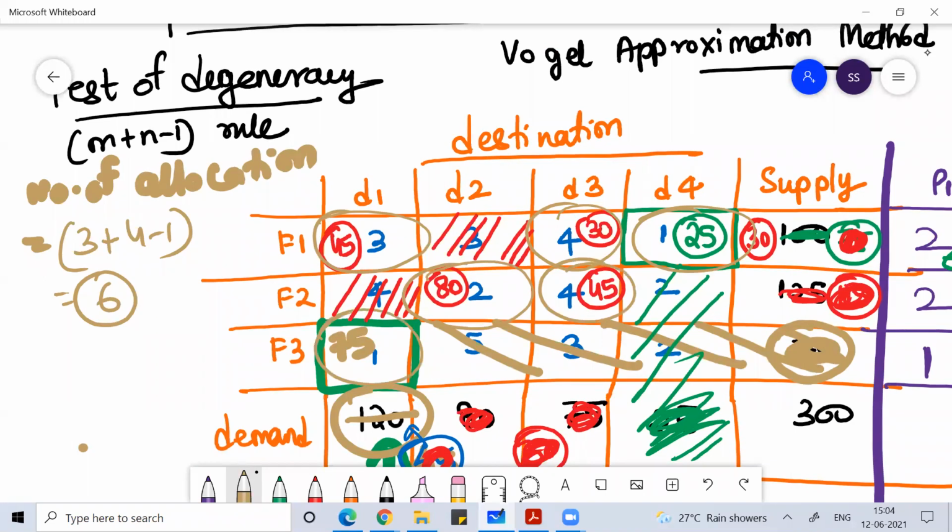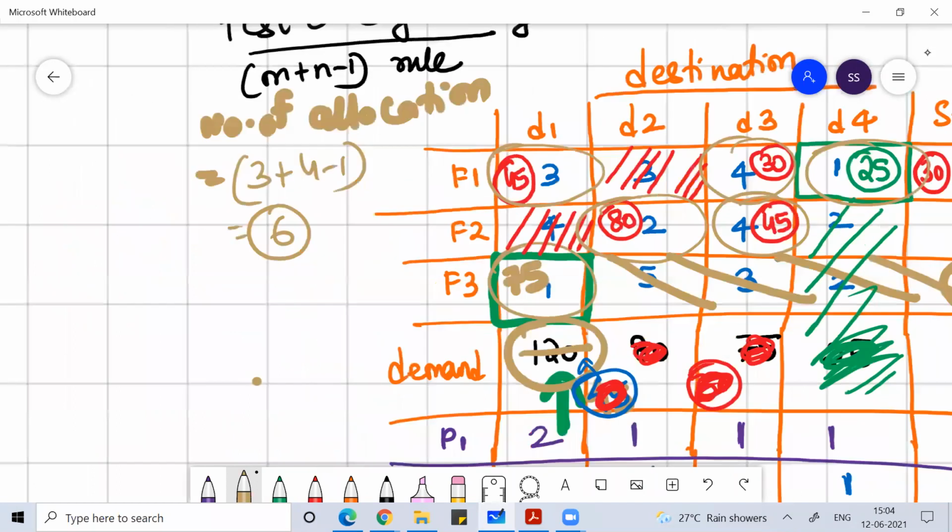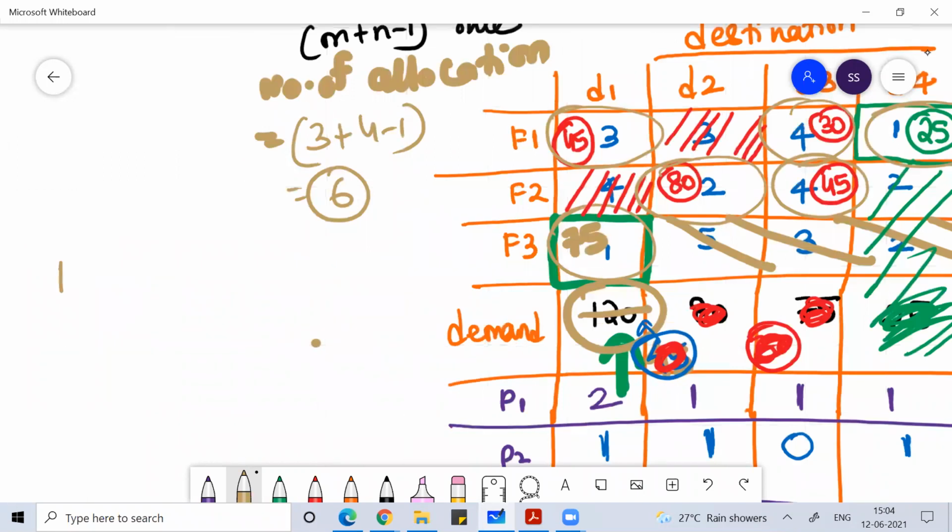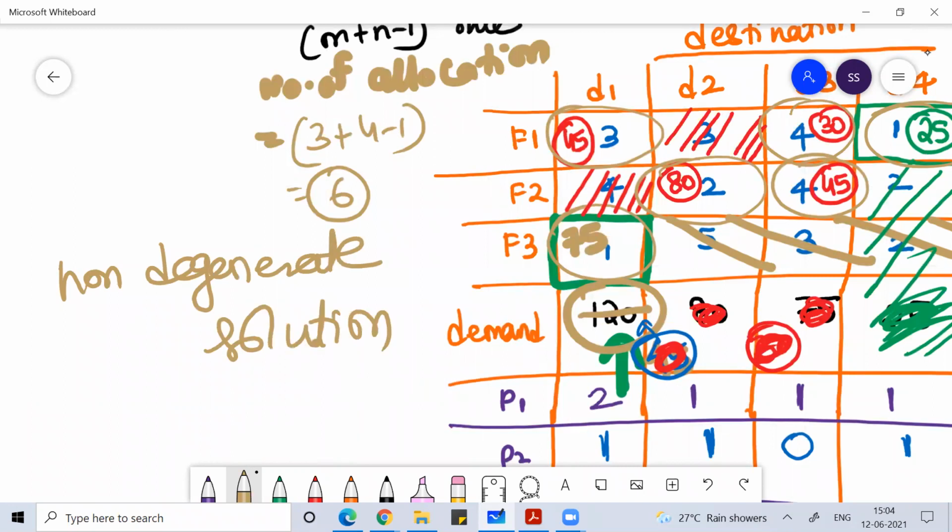You can see 6 allocations are there. So if the total number of allocations is 6, the solution is non-degenerate. This solution is called a non-degenerate solution.